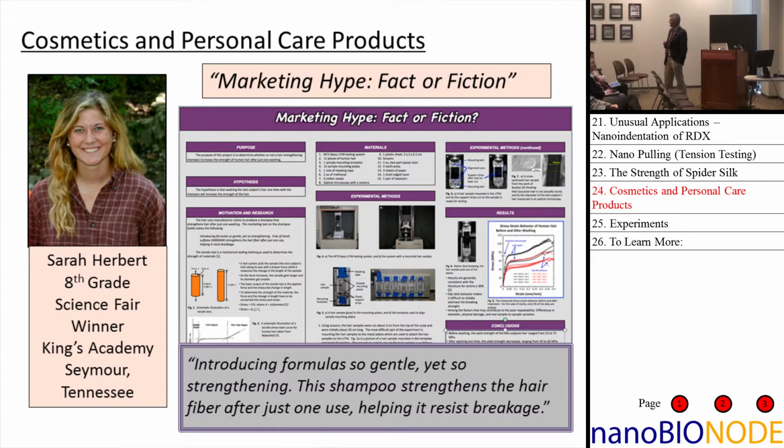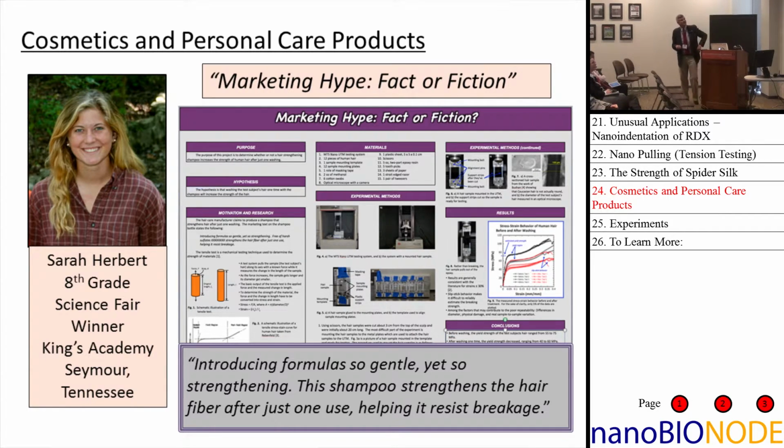Okay? And what led to this was that her mother bought her a new shampoo one day. And on the bottom, and this shampoo, I'm not going to tell you who the manufacturer of the shampoo is, because I'll get in trouble. There will be lawsuits. They'll be after me, even though I don't have deep pockets.